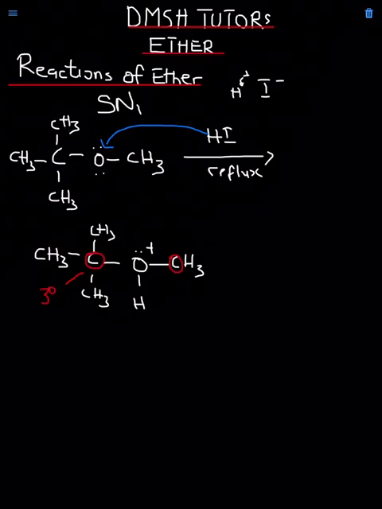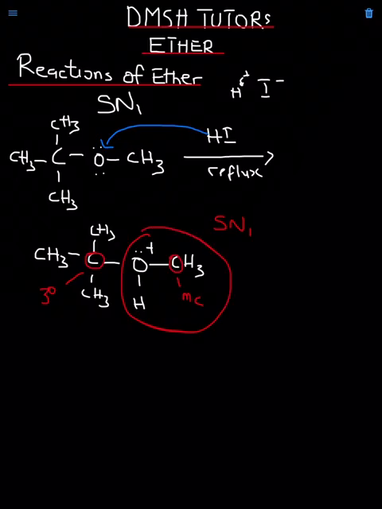So since we have a tertiary carbon and this is a methyl carbon, once you have a tertiary carbon, you should know that the reaction should be SN1, because it requires less energy for this carbon to lose the leaving group, rather than the iodine to attach to the less substituted carbon. Let me say it again. This reaction is SN1 because we have a tertiary carbon.